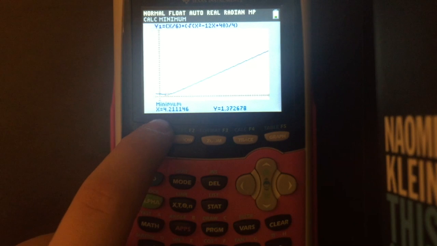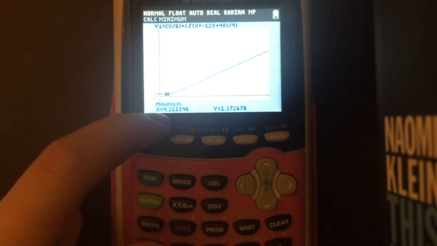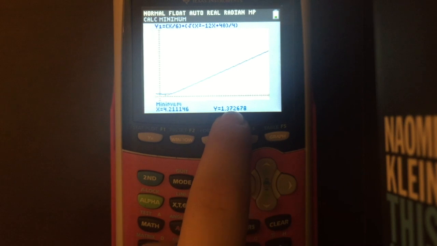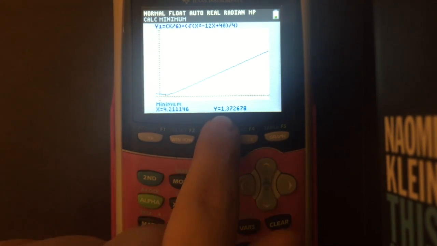So my x value on this calculator is going to be the minimum distance. Now for y, I said the dependent variable, or the total time, is T. So T of w in my equation was y equals. So my minimum time is going to be whatever y equals.